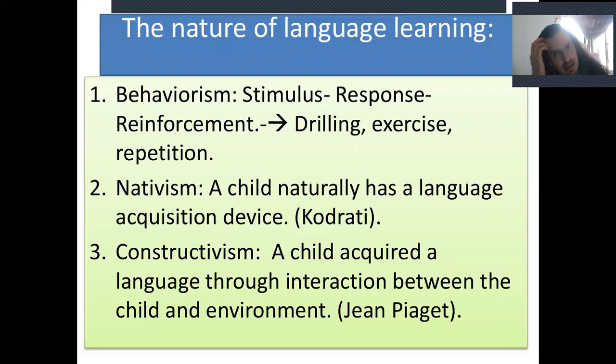Therefore, we're going to see right here in a fast way the nature of language learning, which is related to 3 parts. Number 1, behaviorism, right? Pavlov and I think Skinner talk about the stimulus-response fact.